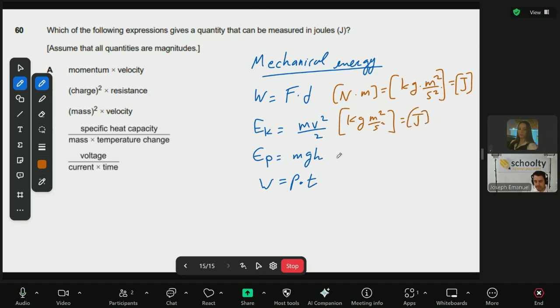This one, mgh: kilogram is mass, g is acceleration, meter per second squared, and this is meter. So again we reach the same conclusion.